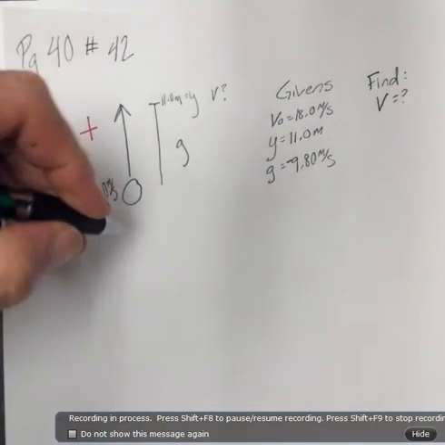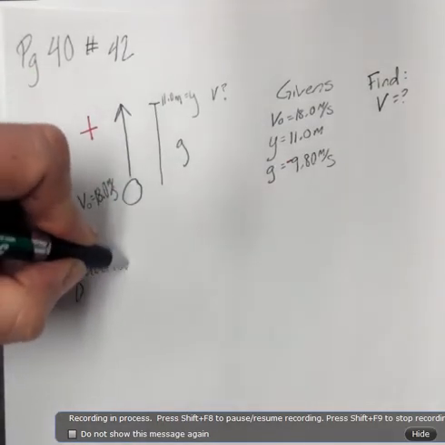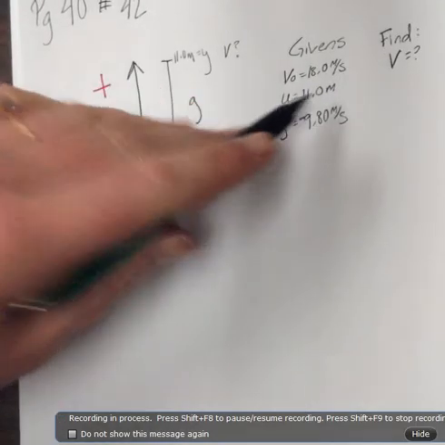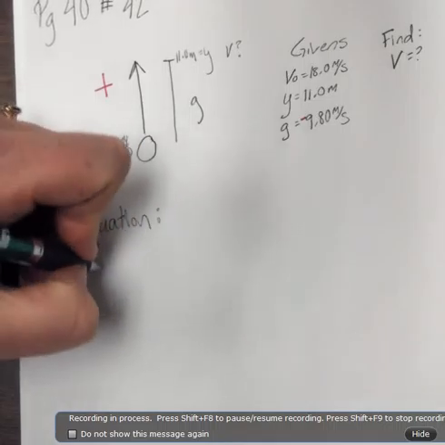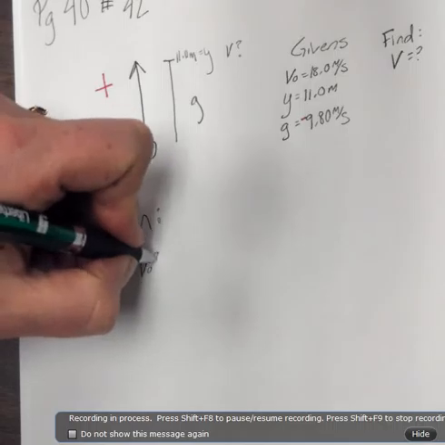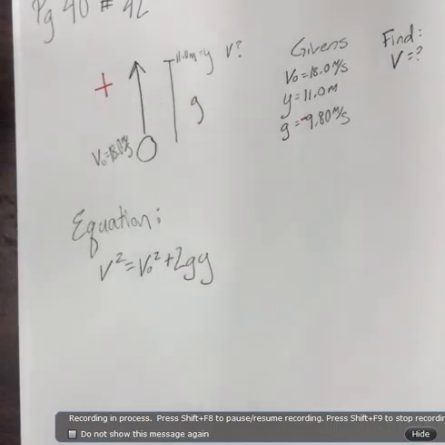So a useful equation to use would be the relationship between these values, which is going to give us v squared equals v naught squared plus 2gy. The relationship between position, gravity, and initial and final velocity.